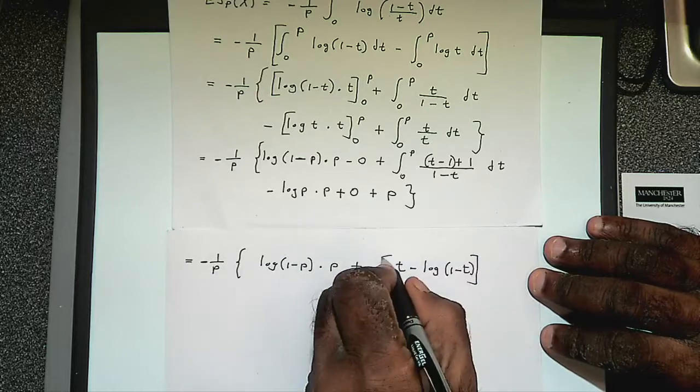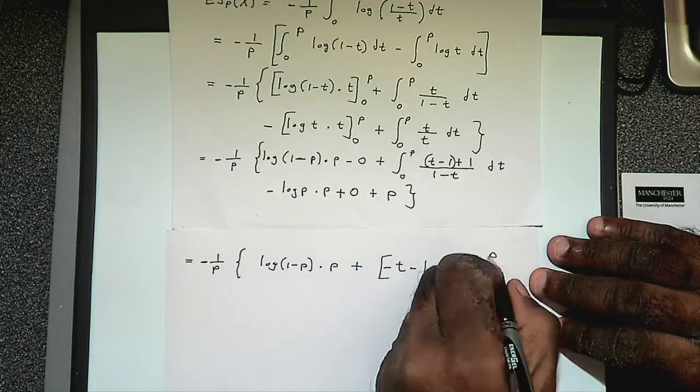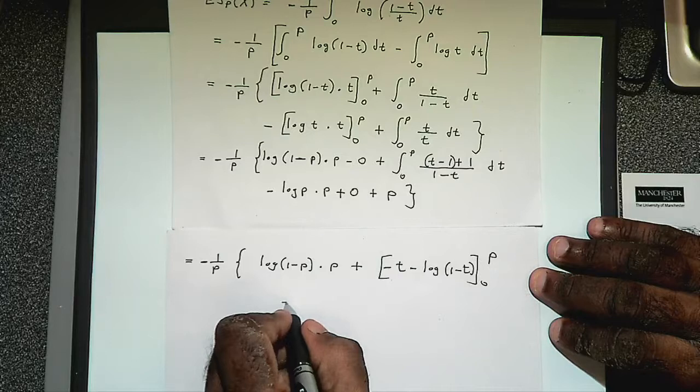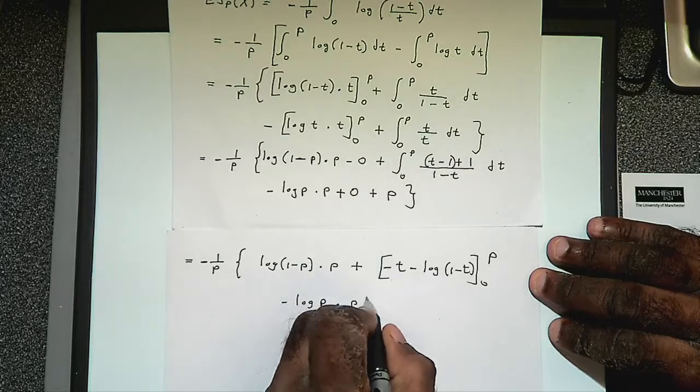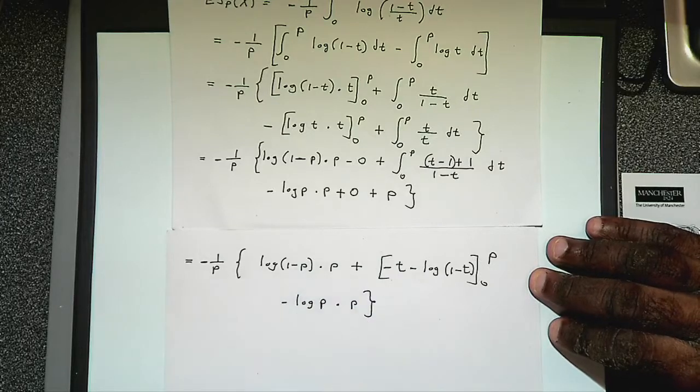Take the limits from 0 to p. Right, minus log of p times p. Am I right? Let me know if I made any mistakes.